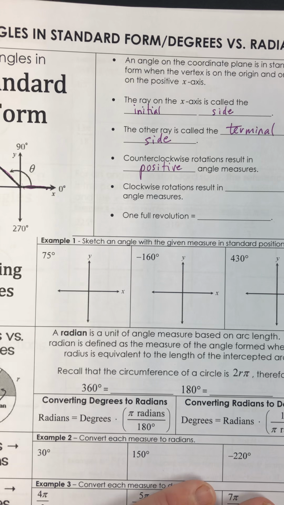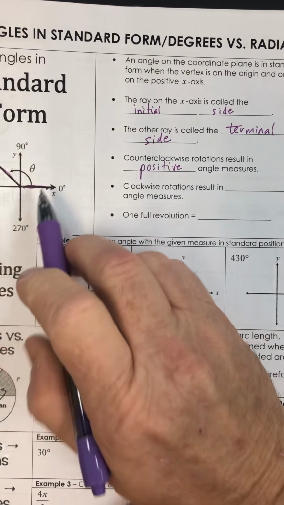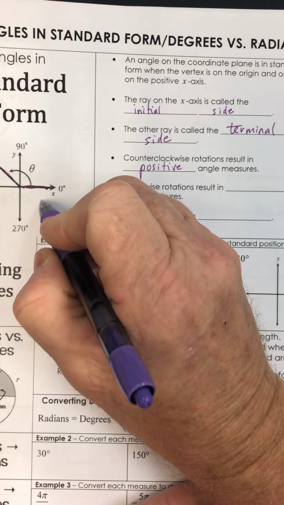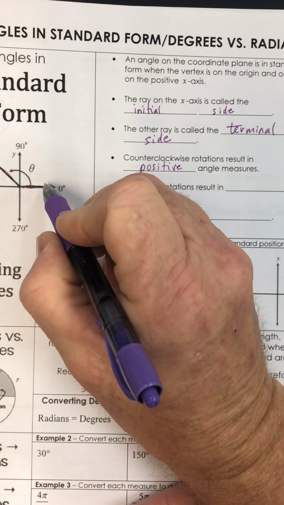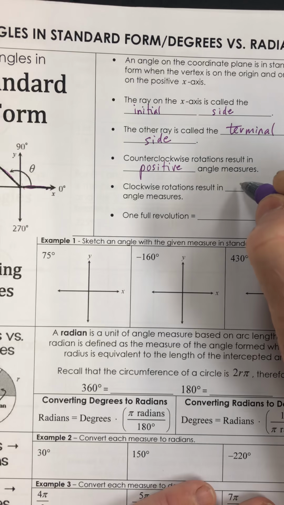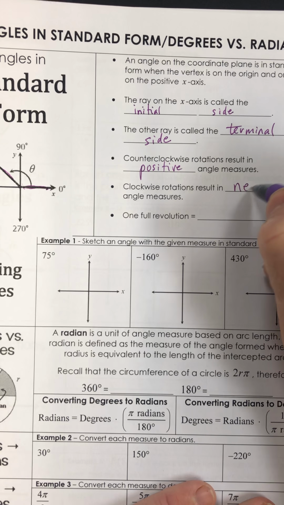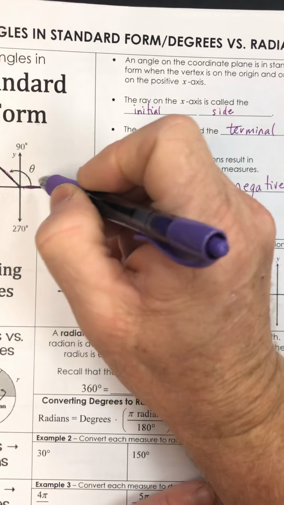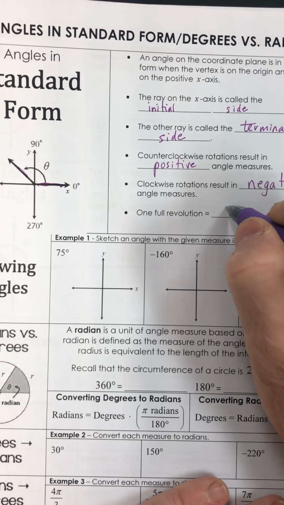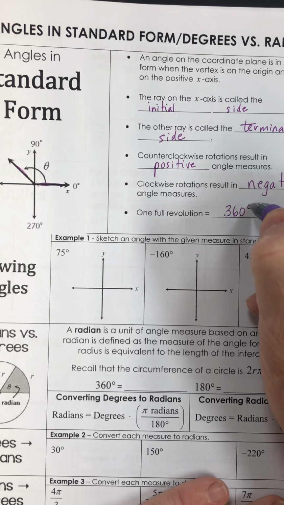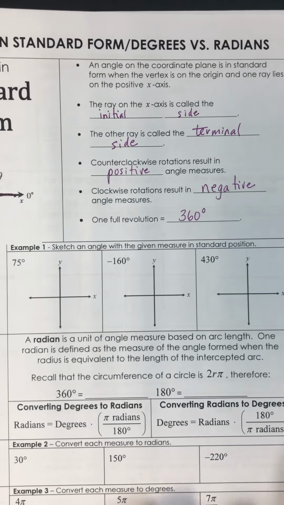And if you go clockwise, so if I start here, my initial side, and I go this way, down and around and around, if I go the other direction, you're going to get negative angle measures. And if you go all the way around, it's a circle, so one full revolution is 360 degrees.